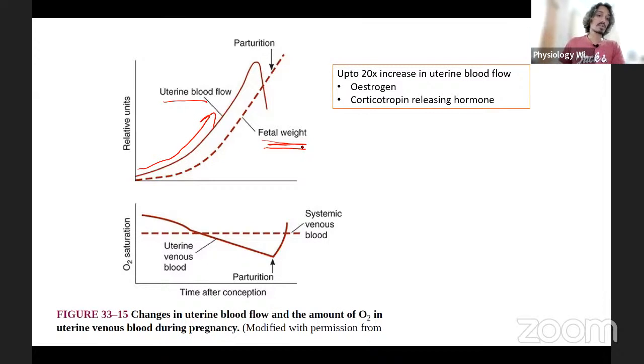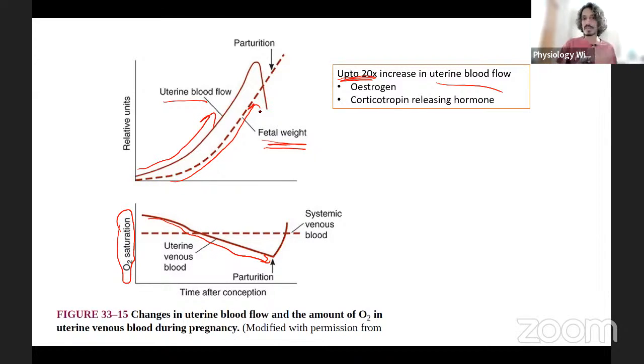Now, corresponding to this, you will also notice that there is a decrease in the oxygen saturation in the arteriovenous difference. When you check, the oxygen saturation keeps falling, which means the oxygen extraction is also increasing. Okay, so although a 20 times increase in the uterine blood flow is there during this period, the fetal weight is also increasing.